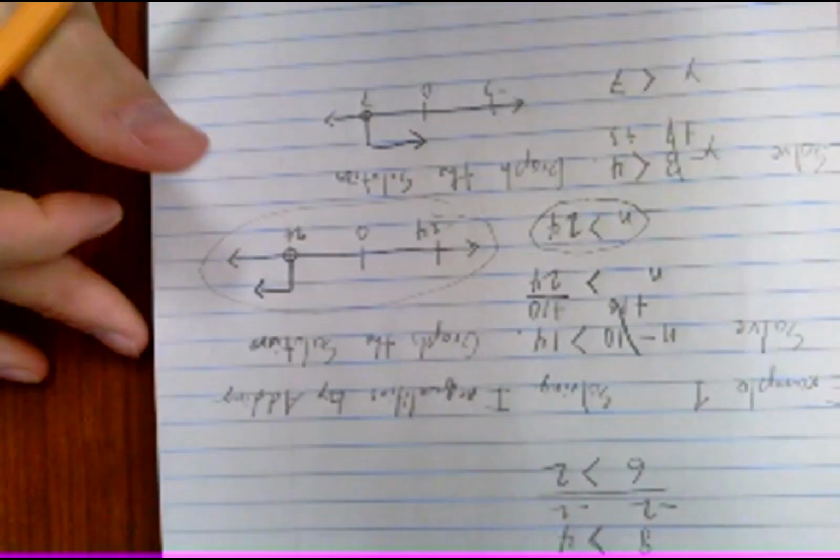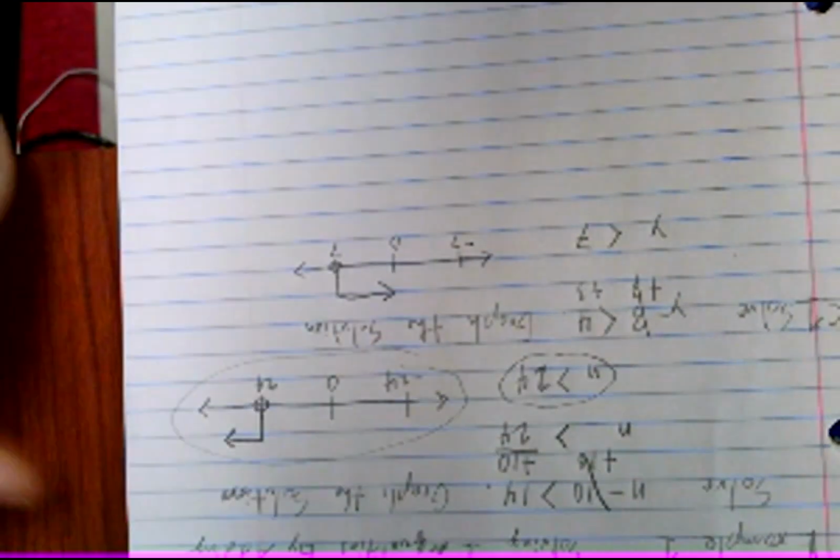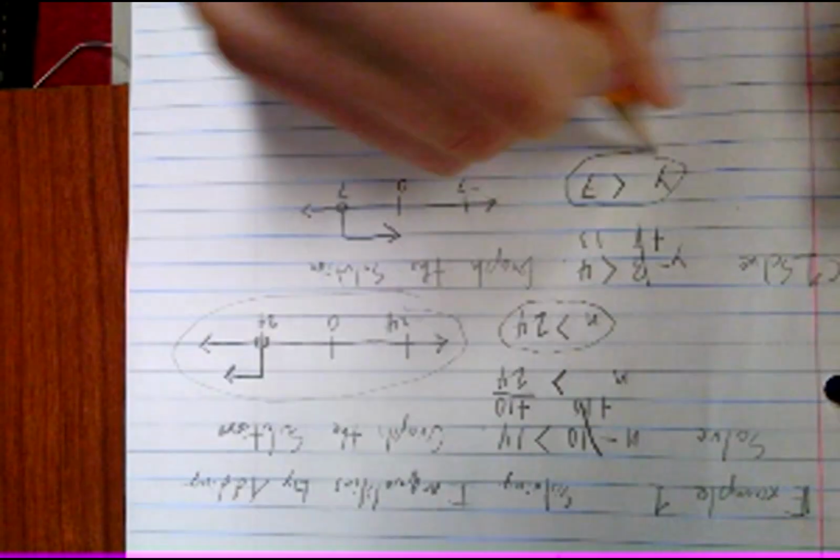Your final answer should have been y is less than 7, and your graph should have looked like this. I'm going to circle my answers.